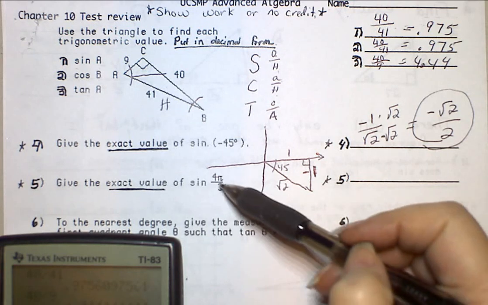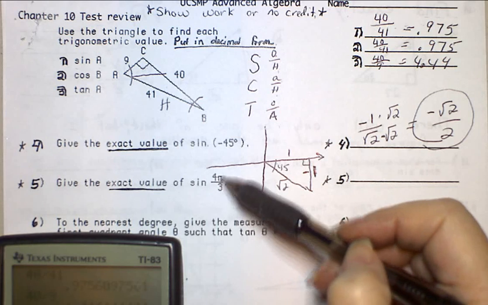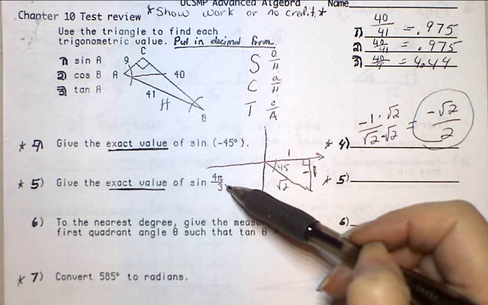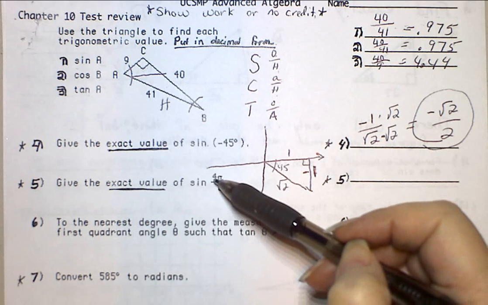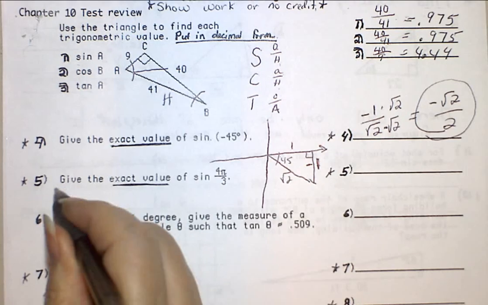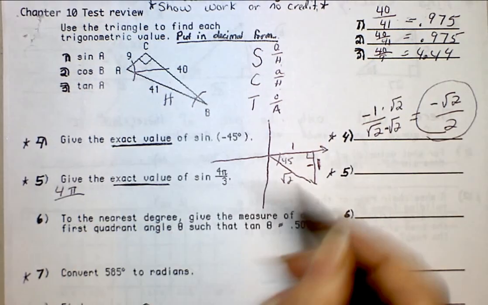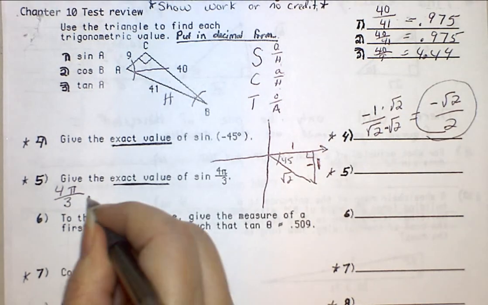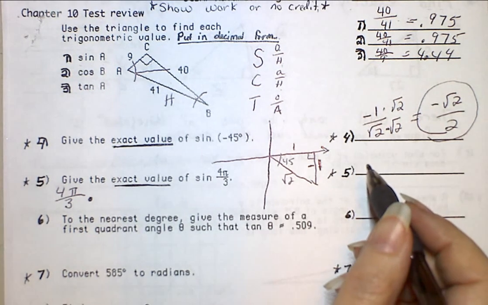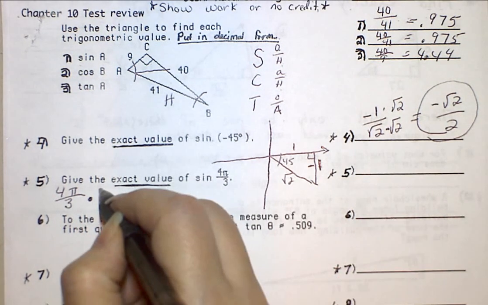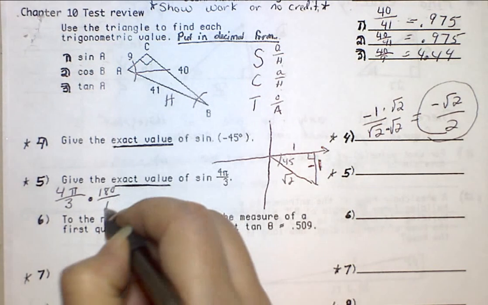On this one we have 4 pi over 3. Well, let's convert that to degrees so we can see what it is. What do I have to multiply this by to get it into degrees? Yes, 180 over pi.